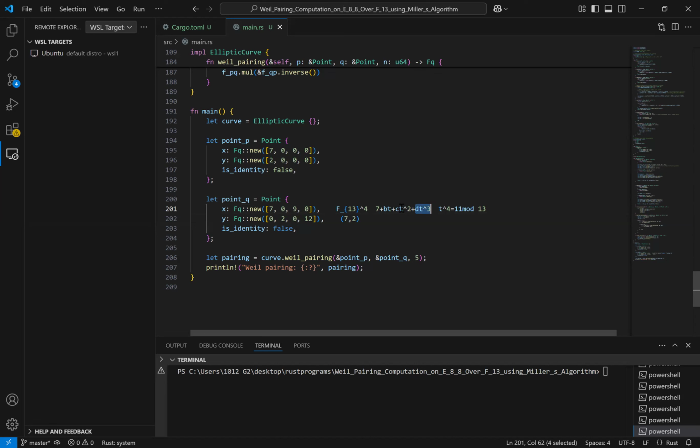For 9, this one was 9t squared. So 7 plus bt plus, so b again is 0, and d again is 0, because we are talking of 7 plus 9t squared.